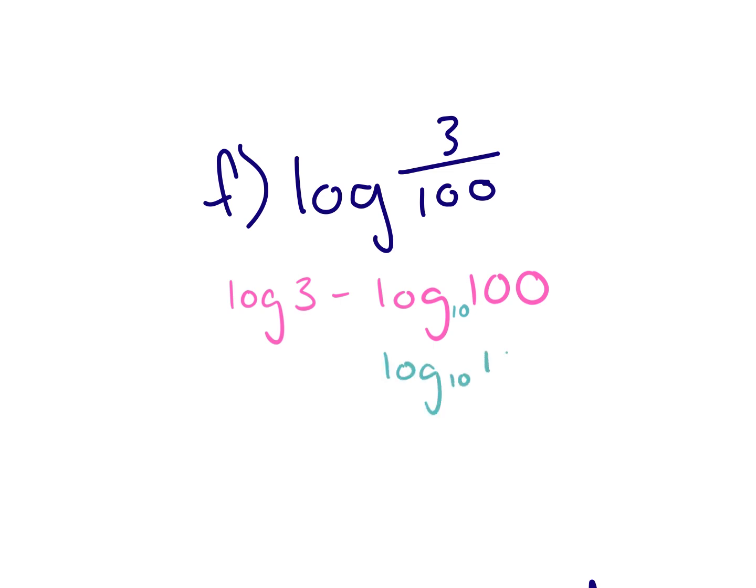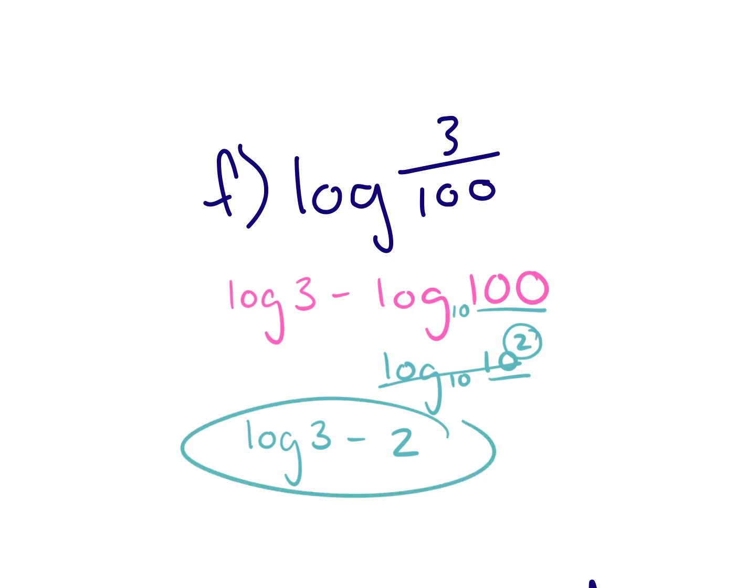Awesome. Log base 10 of 10 squared. So 100 just turns into 10 squared. Log base 10 of 10 is going to cancel. We're left with 2. So I have log of 3 minus 2. Any questions here?